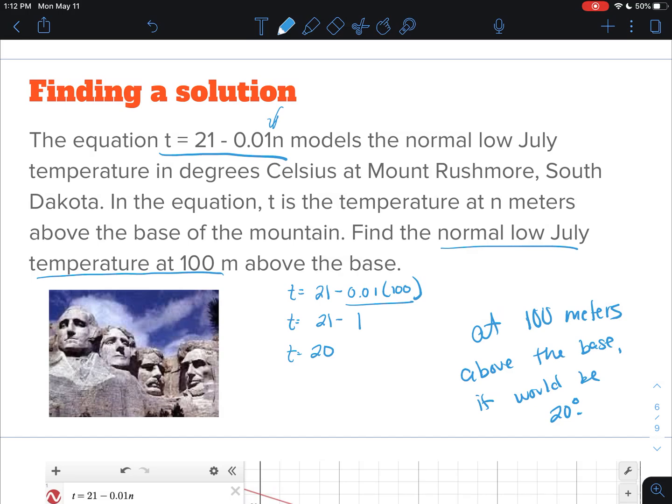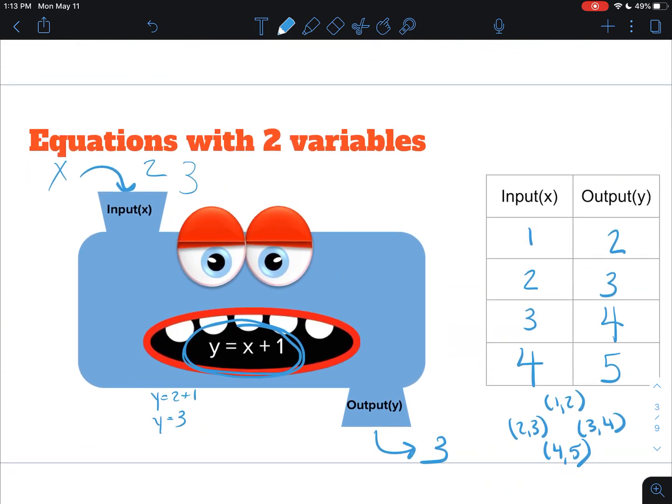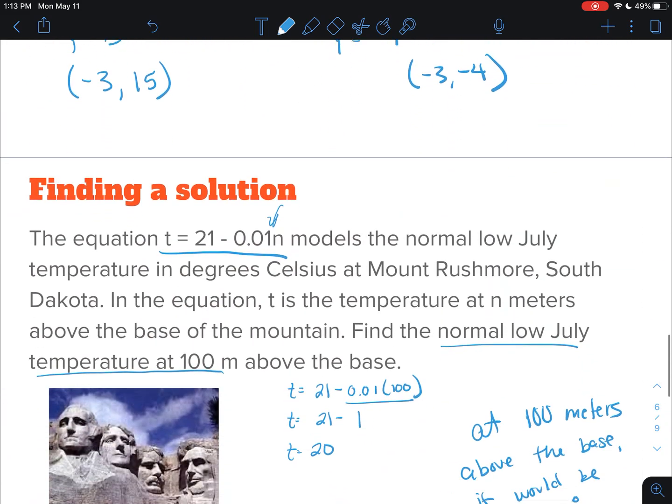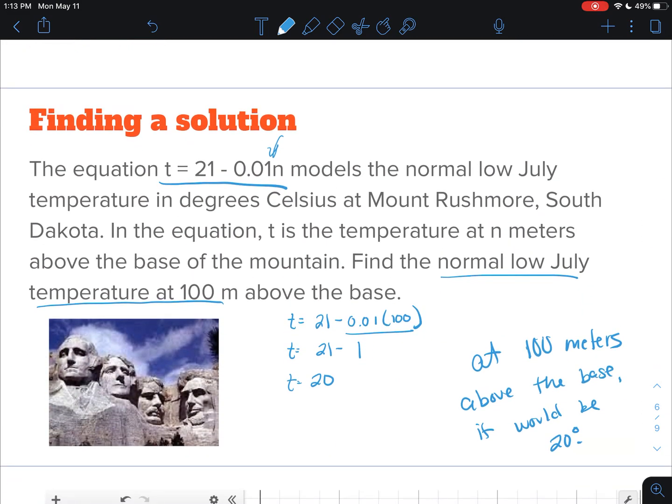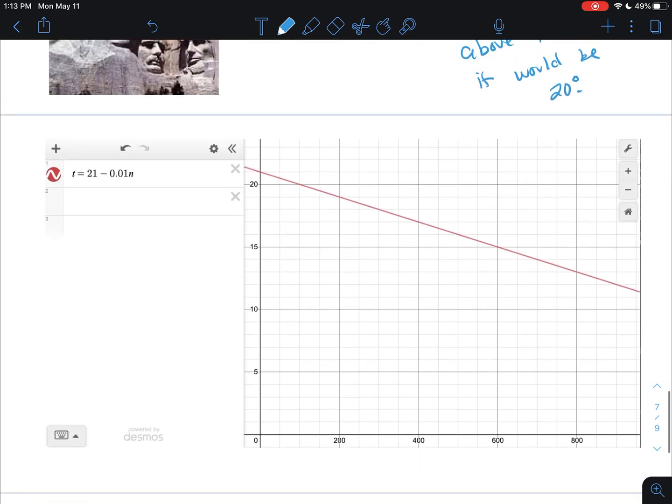Okay. So just to kind of show you where we're headed with this, all of these equations or functions that we're dealing with, they're linear, so they're going to create lines when we graph them. But these relationships have many solutions, just like I showed you with my monster. That's why we graph things, because the graph actually represents all of the solutions. There's a really cool website you can go to graph functions.